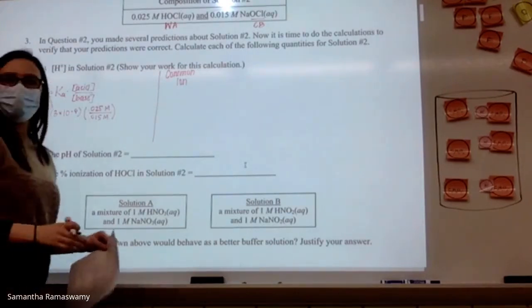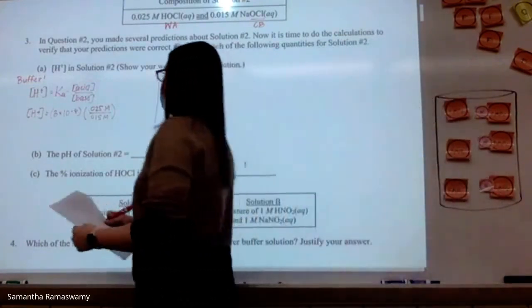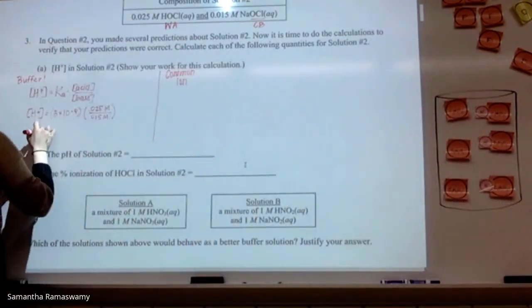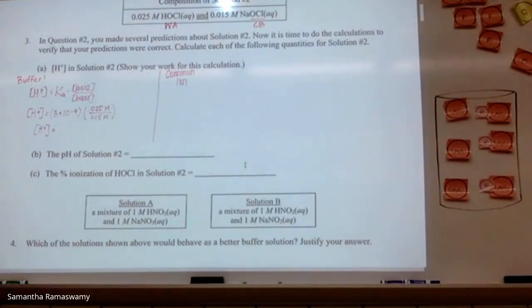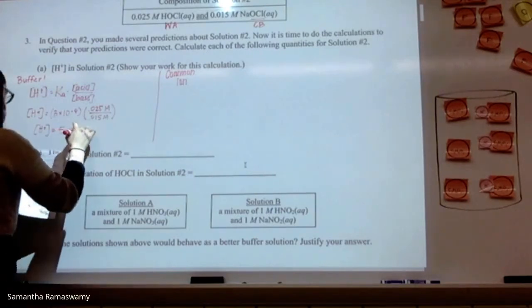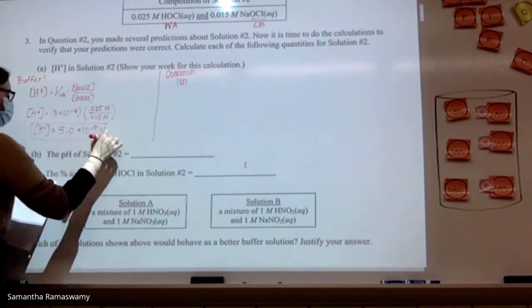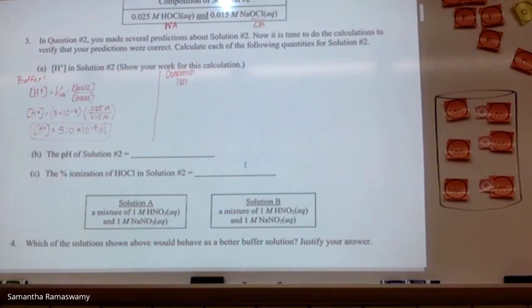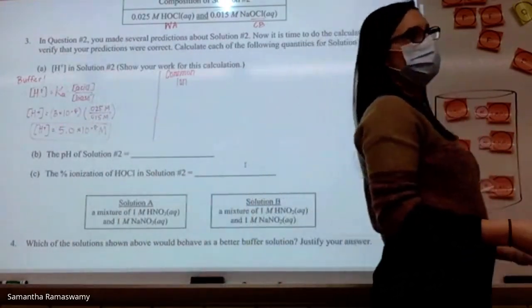So we do 3e negative 8 times the quantity 0.025 divided by 0.015. We get 5.0 times 10 to the negative 8 molar. Now if you solved using the common ion, using an ICE table with 2 initial values, minus x, plus x, and the Ka expression, you get the same thing. You would get the exact same thing using the common ion.